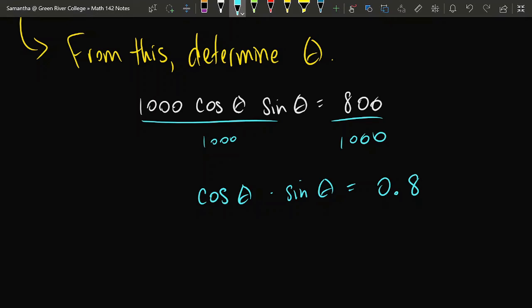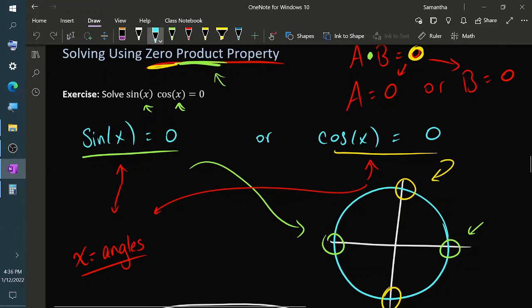Now, some of you with very good memories may be thinking back to the video where we were solving trig equations of a more complicated nature that looked like this, where we had sine of x multiplied by cosine of x equaling 0. In that case, we were able to use zero product property to split this equation into either sine of x equals 0 or cosine of x equals 0.